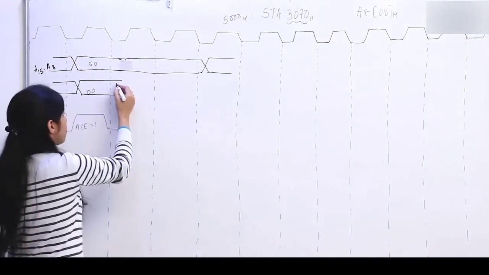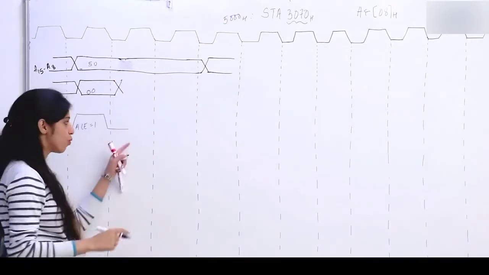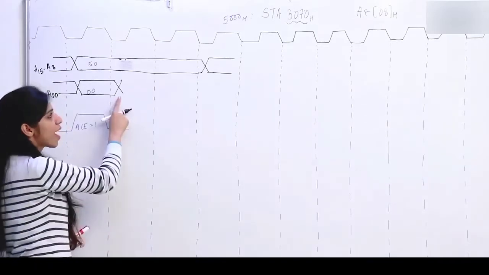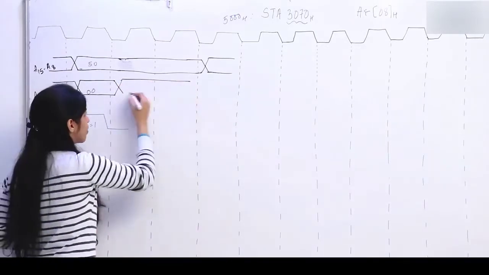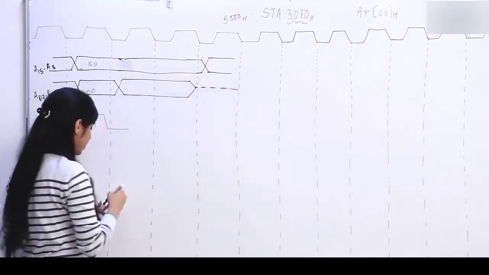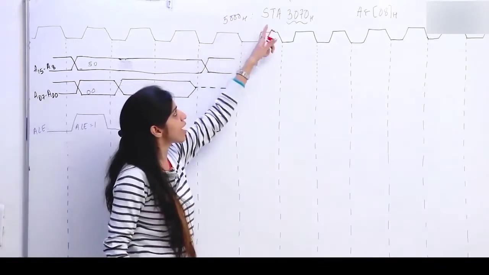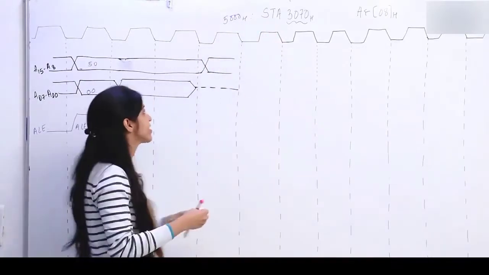Fine. So as soon as you make ALE low, ALE is 0, this is going to act as data bus. Now what data is it going to get? At 5000 we have this instruction, we have this opcode STA.